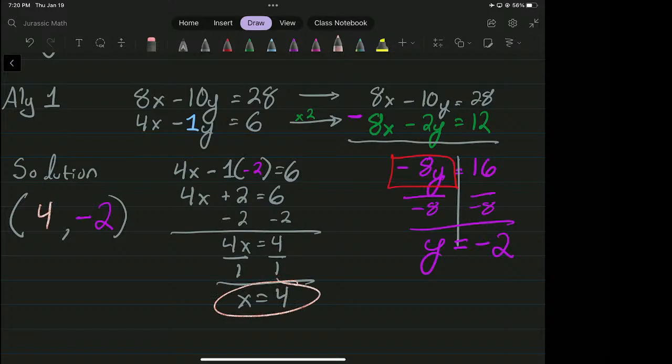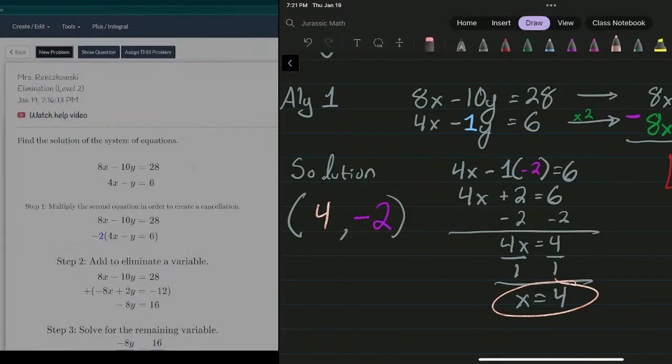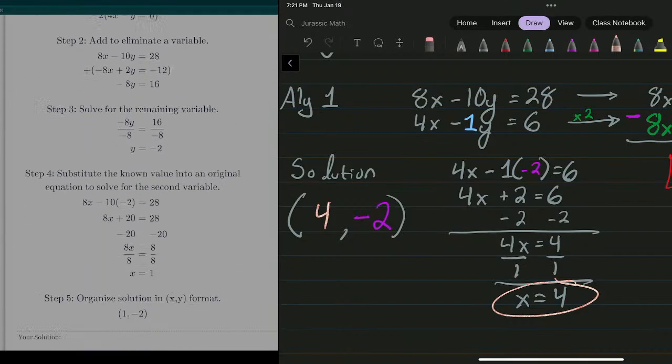So my answer is 4, -2. Which means I can go back over to my computer. I can type in 4 tab -2, hit submit, and what did I type in wrong?